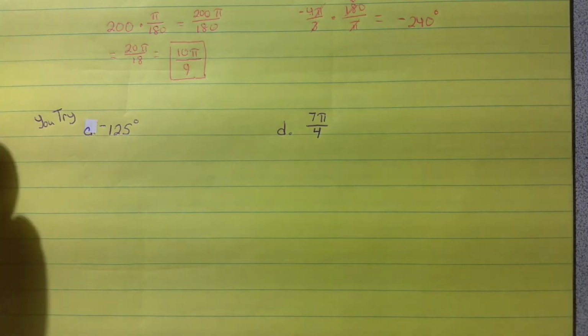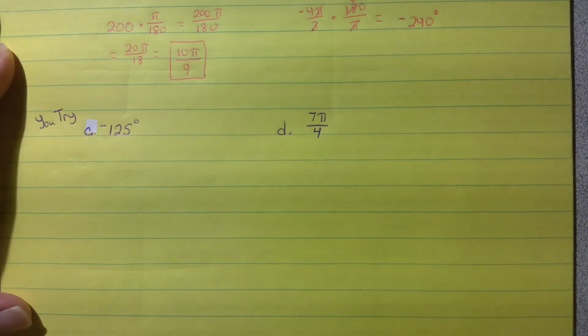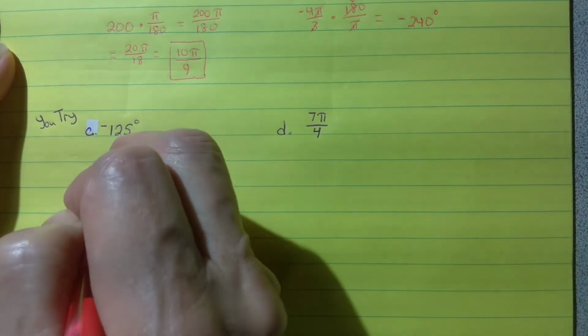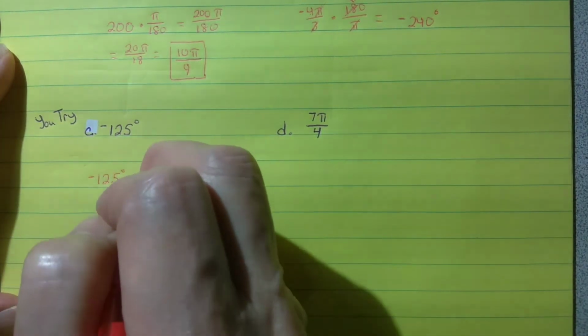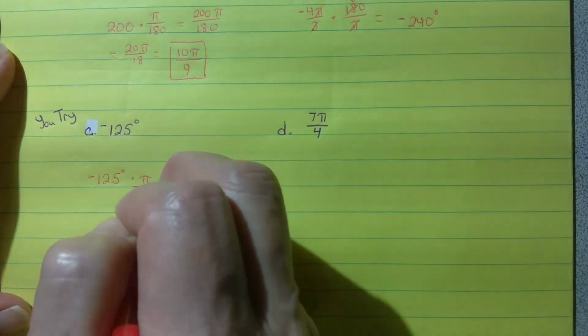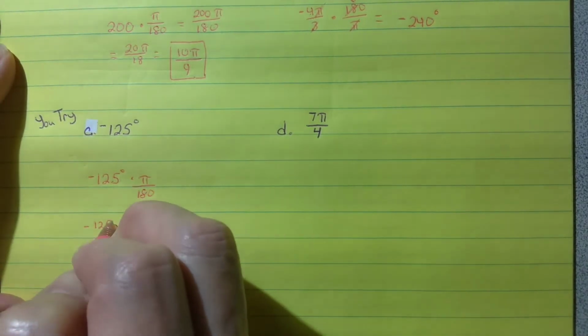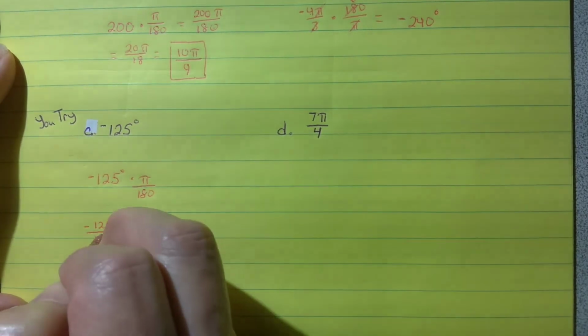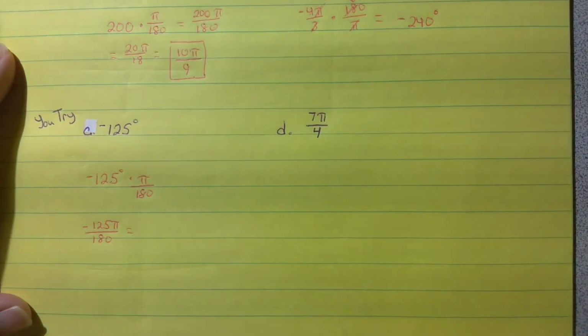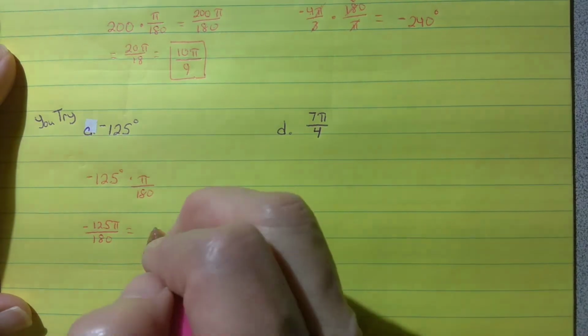Okay, welcome back. Here we are with our last 2 problems. Negative 125 is degrees, so multiplying it by pi over 180, I will have negative 125 pi over 180, and I'm going to divide a 5 out of both of those.